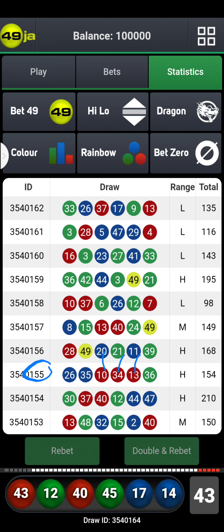So what you do is you add 10 plus 34 plus 13. Now we have 57. That 57, you divide it by the total number of times the color appear, which is divided by 3. We have 48. Your answer will be 48.